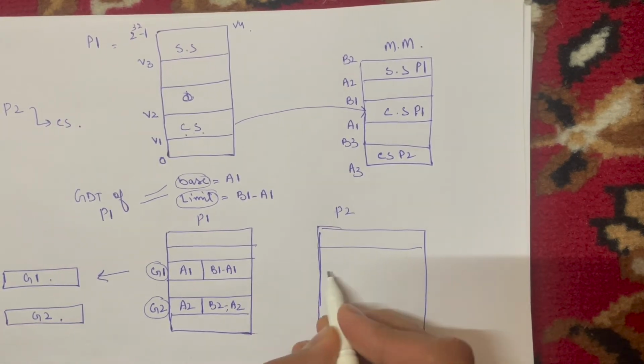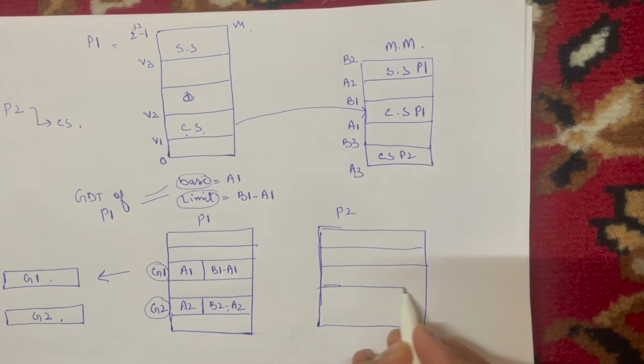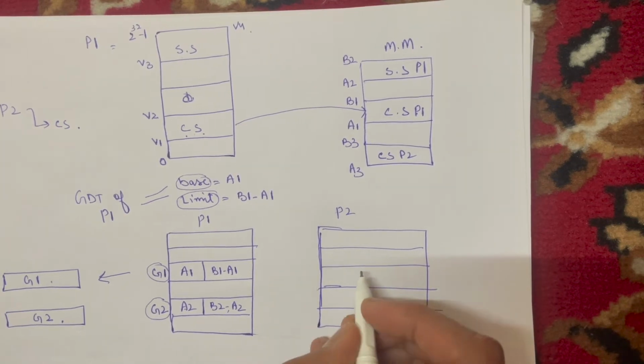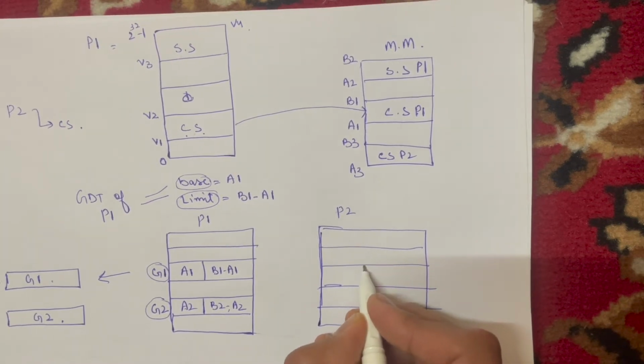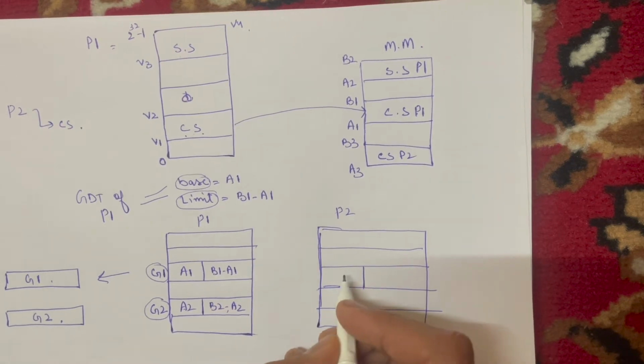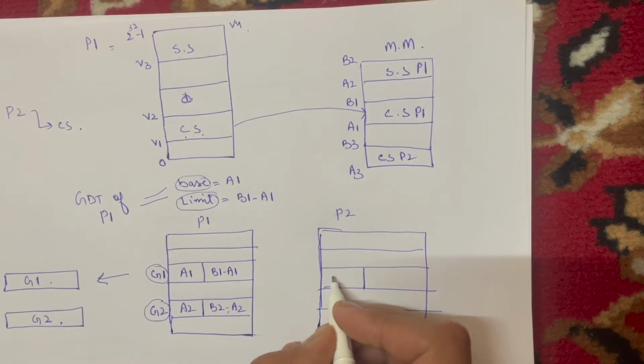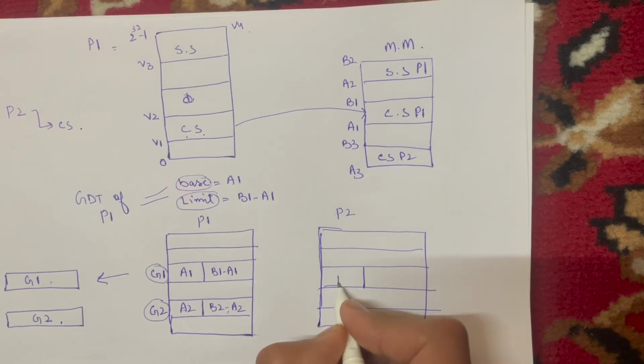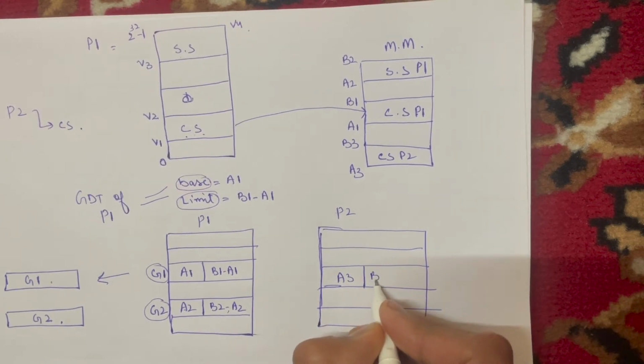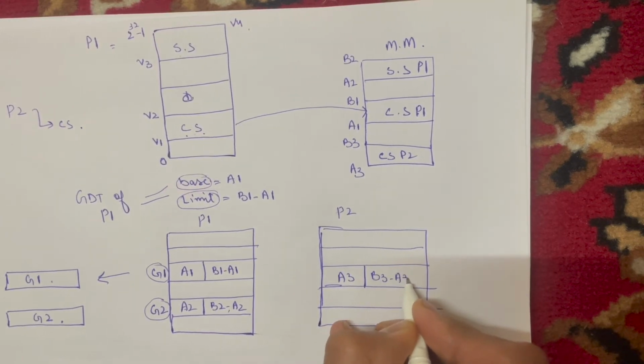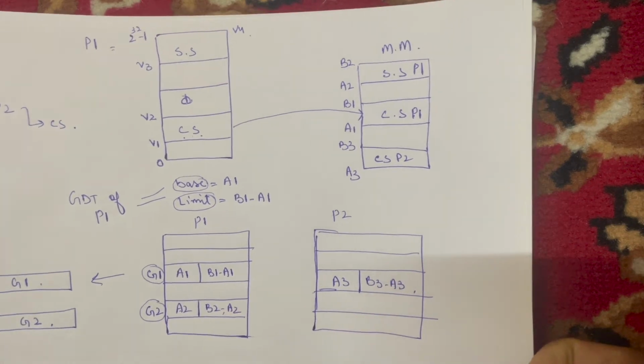So in the GDT of P2, let's suppose there is some entry where I have placed A3 and B3 minus A3. Fine.